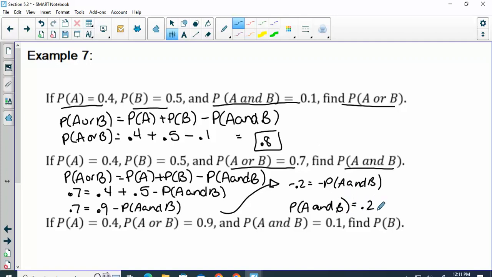Quick check, what do you know about every single probability at the end? What kind of number should it be? Has to be positive, and it has to be between 0 and 1. So if it's not, you made a mistake.